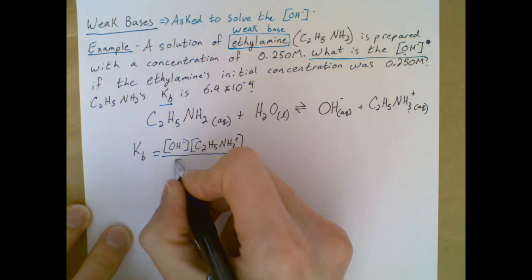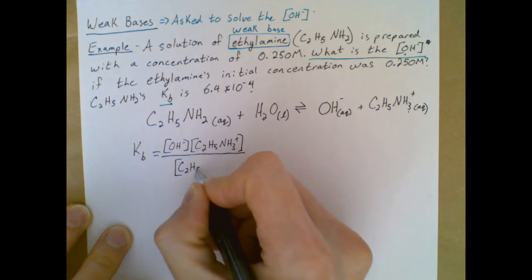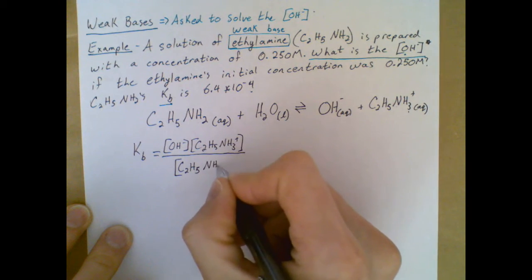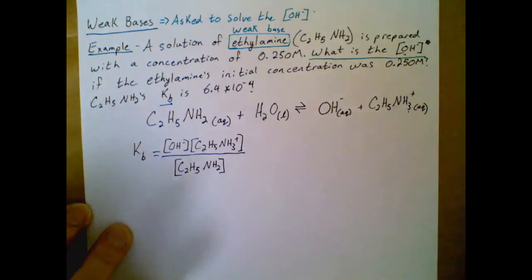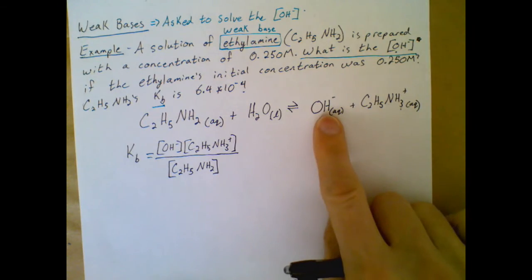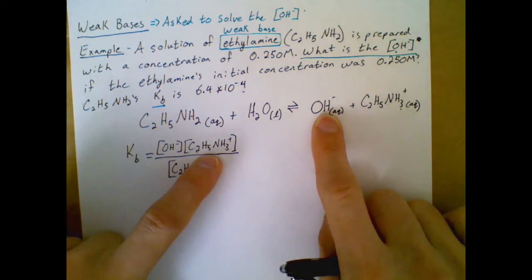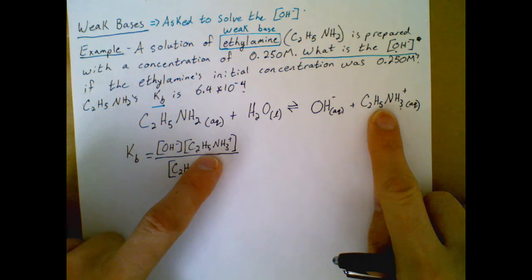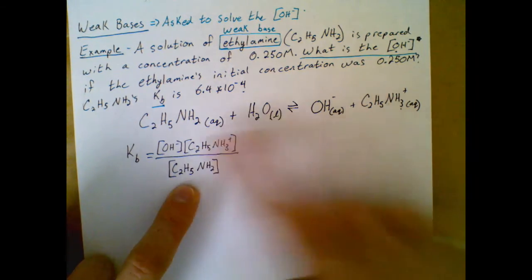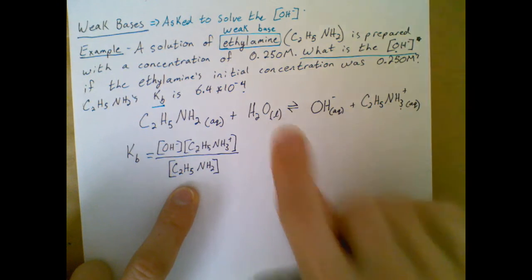Water doesn't go in the equation. So it's just C2H5NH2 on the bottom. A few things I should mention right here. When you're dealing with a base, you should always have OH minus as a product. So OH minus should always be on the top of your Kb. Conjugate acid should be the other product. It should always be on the top. The original base should be on the bottom, and you should not have water in the equation because it's a liquid.